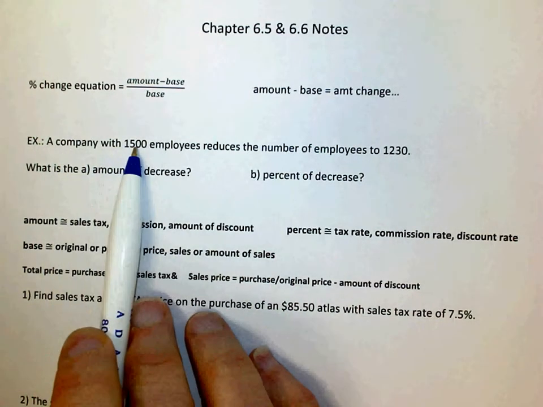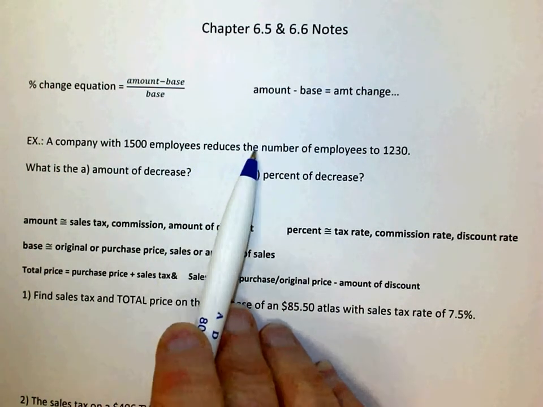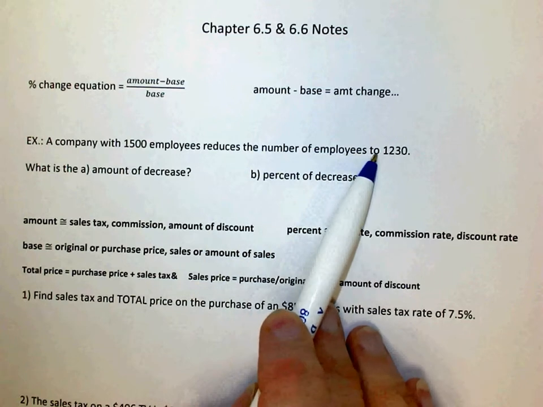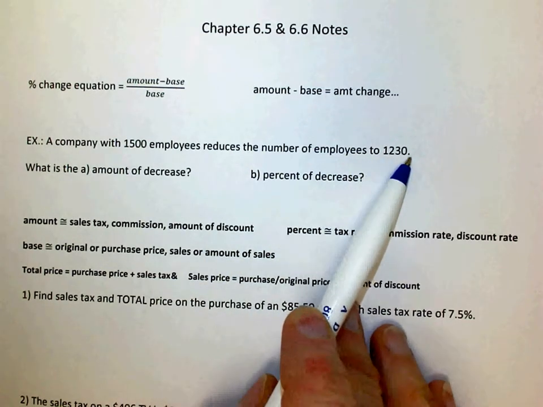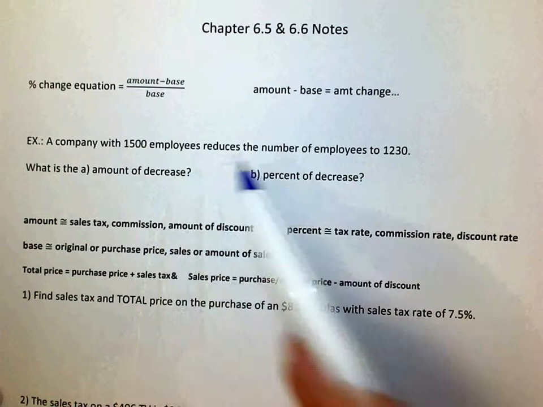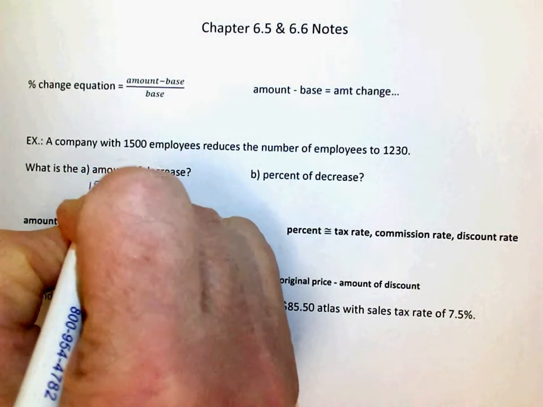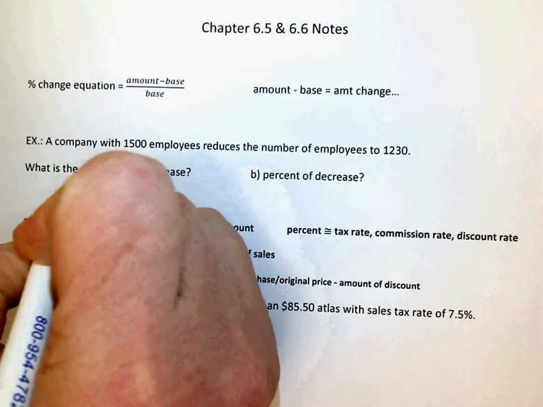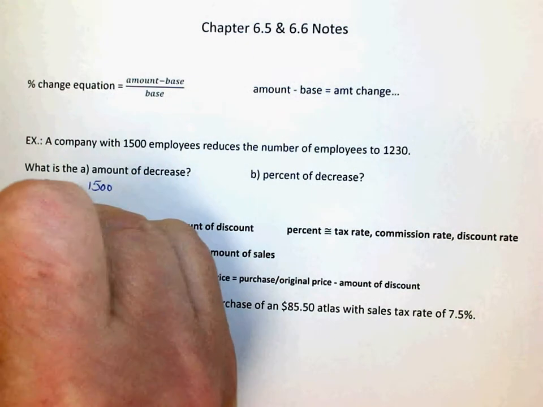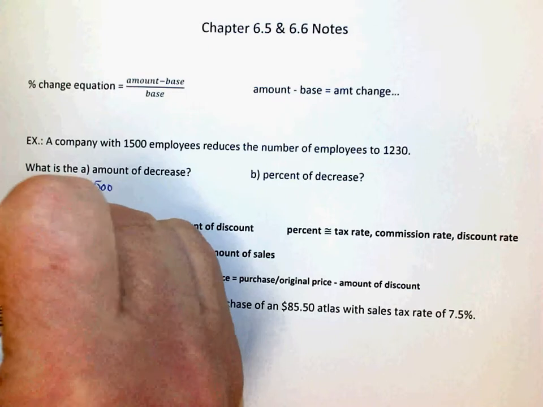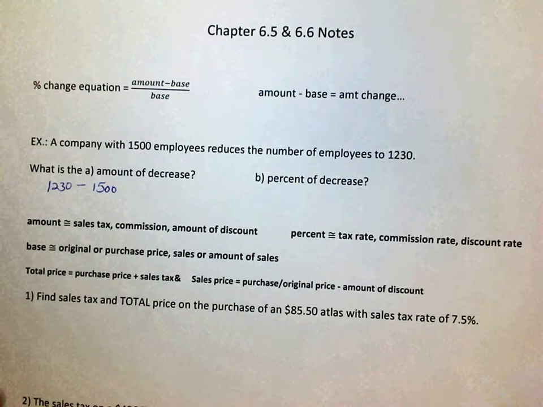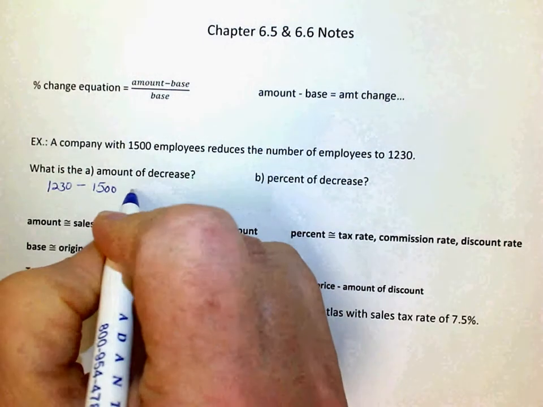Now, a company with 1,500 employees reduces the number of employees down to 1,230. Your amount of decrease, well, you would take your new one, 1,230, and minus the 1,500.